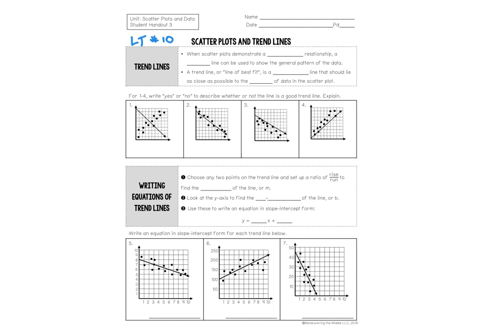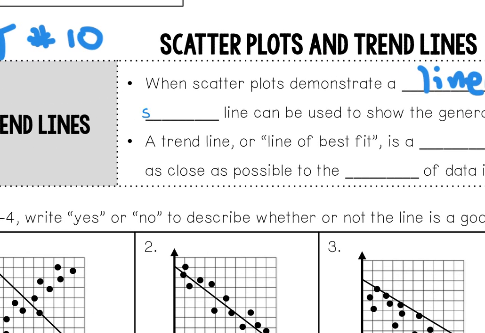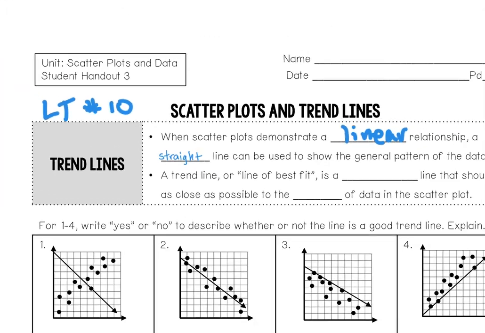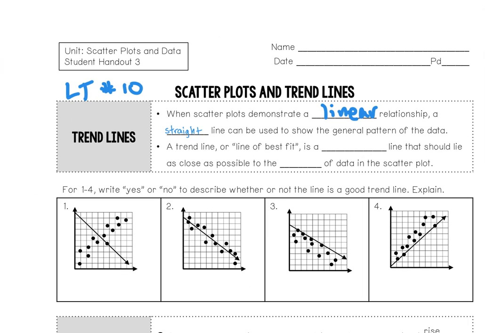So when a scatter plot demonstrates a linear relationship, a straight line can be used to show what's happening, a general pattern of the data.